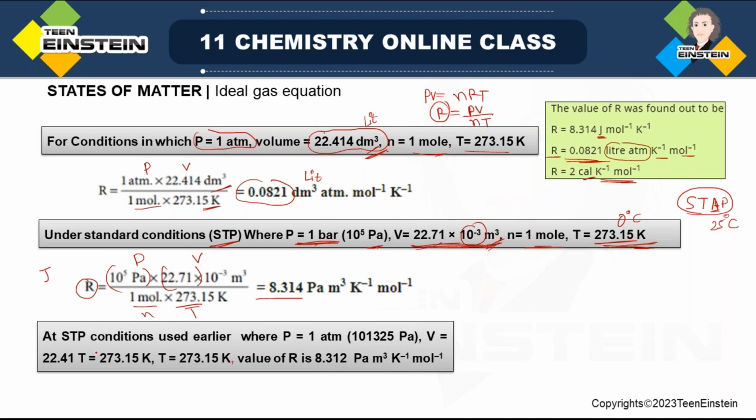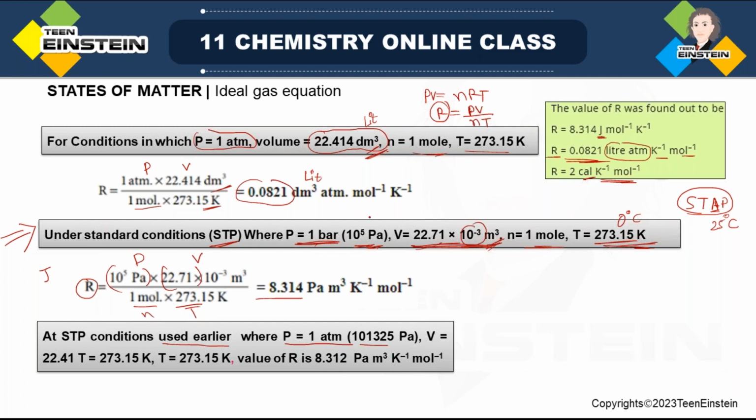slight difference. See, at STP conditions, this STP that you are seeing here is basically the recent one we follow. But earlier, there is a slight difference. Earlier it was considered 1 atm, which is not 10 to the power 5 Pascal, which is 101325.